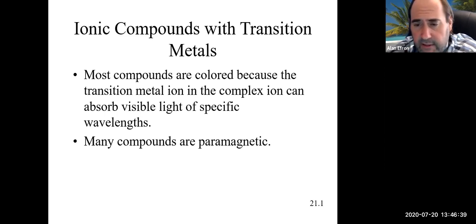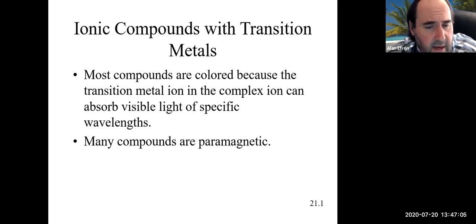So for example, if we saw a solution that was red, and we wanted to measure the absorbance using a Spec 20 or spectrophotometry equipment, we wouldn't set the wavelength to red because that's not really where it's absorbing. You would set the wavelength to the color complementary to red.